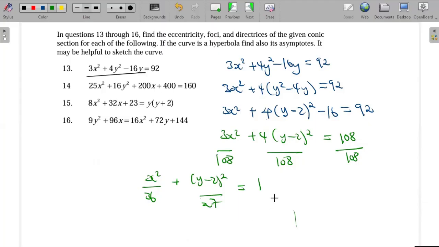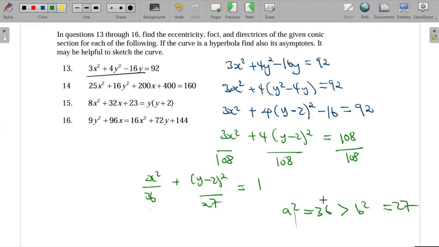Now from here, you can clearly identify that this is an ellipse, and it is an ellipse along the x-axis. Why? Because a squared, which is 36, is greater than b squared, which is 27.